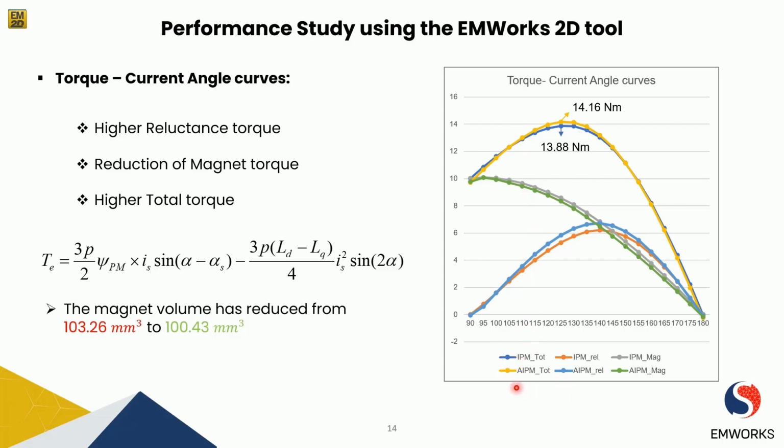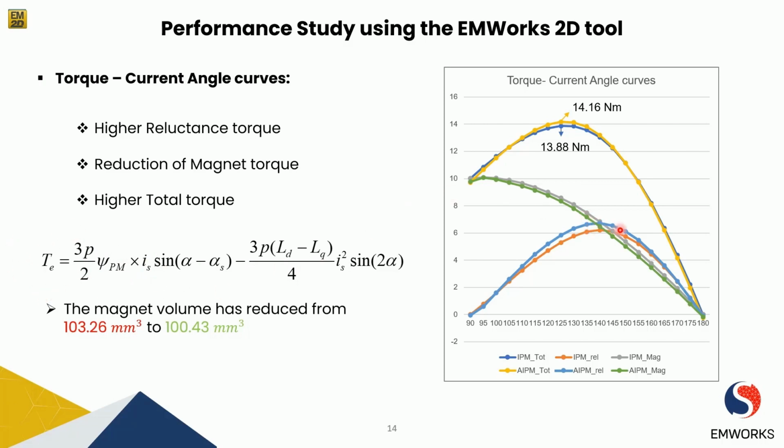And the yellow one represents the asymmetric IPM machine total torque. And as you can see, by adopting this topology, by this design approach, we have increased the torque value from 13.88 Newton meter to 14.16 Newton meter, which is an increase of the torque. What happened here? We increased the reluctance torque, as I mentioned earlier in the formula, that we can play with each of these variables in order to reach higher torque values.